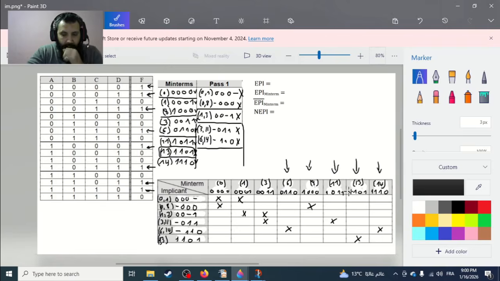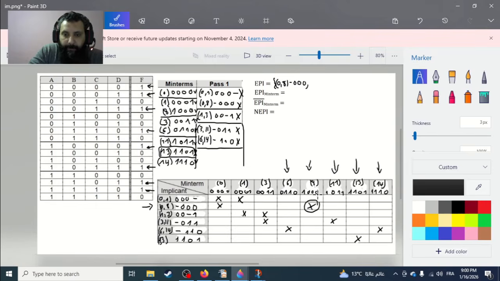What we can say is that this one, for instance, is an essential prime implicant. We have to write it. The first one is 0, 8, which is dash 000.